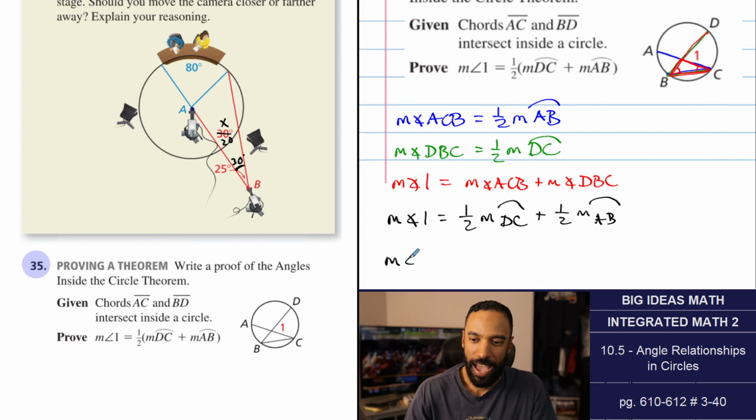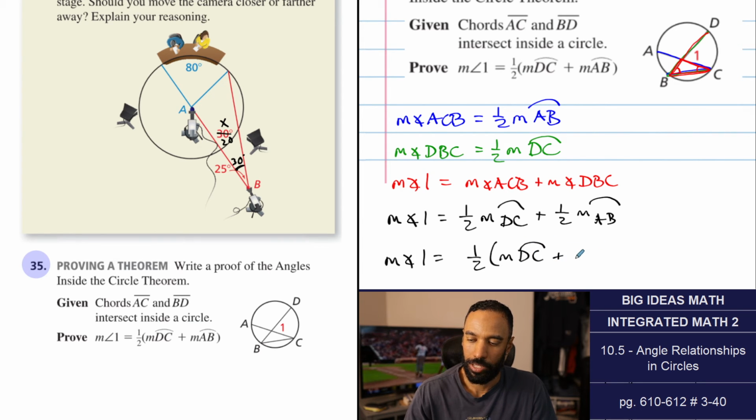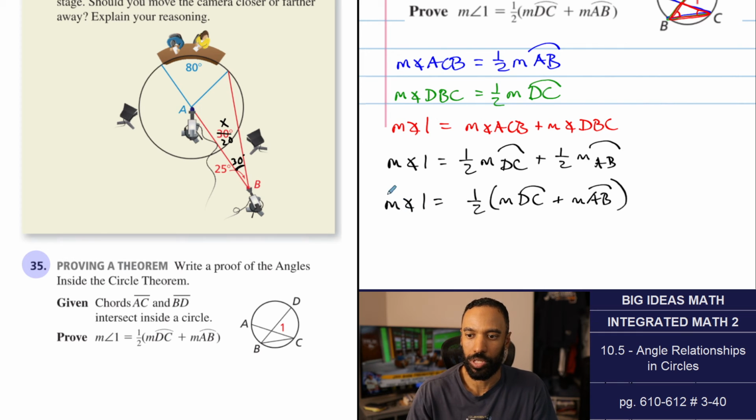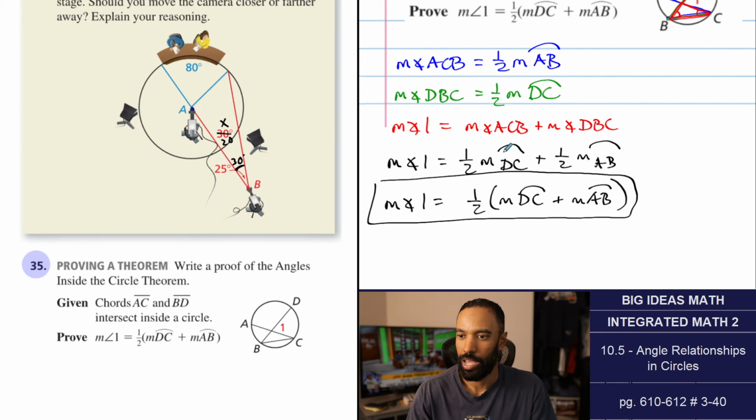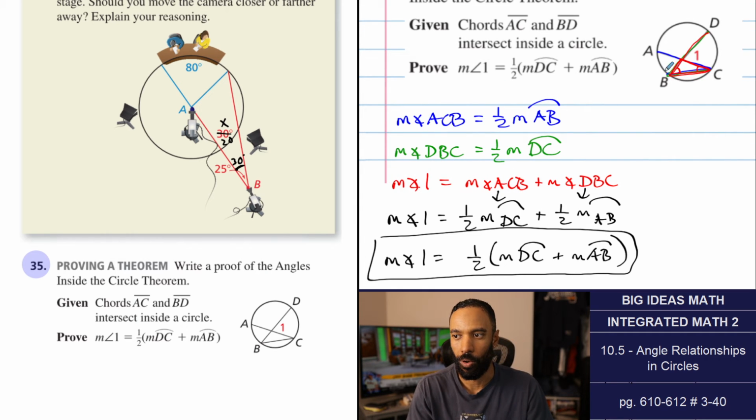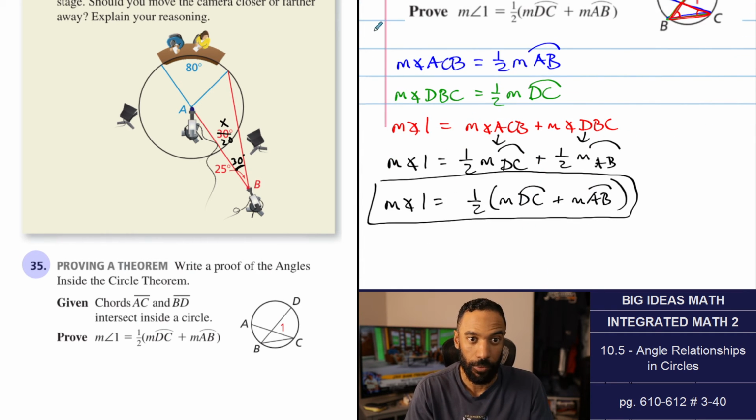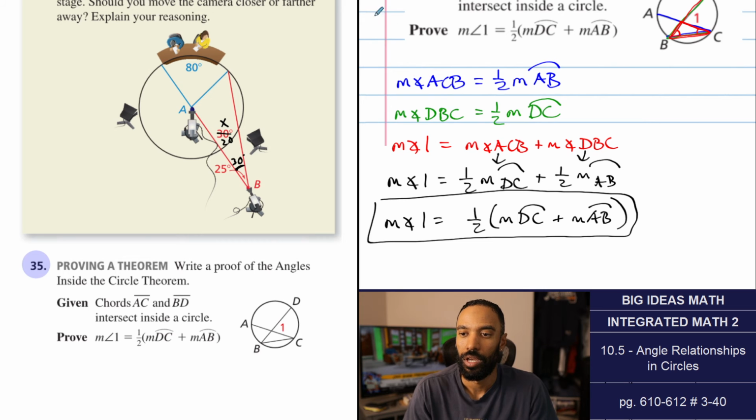If you factor out 1/2, we have measure of angle 1 equals 1/2 times the measure of arc DC plus the measure of arc AB. So it works out through a substitution. That's what I did in this other part, substituting here for that and here for that just by using that chord. The fact that they drew the chord really helped me out with the problem. I didn't know what to do otherwise. Looks like it works out. All right, let's keep moving forward.